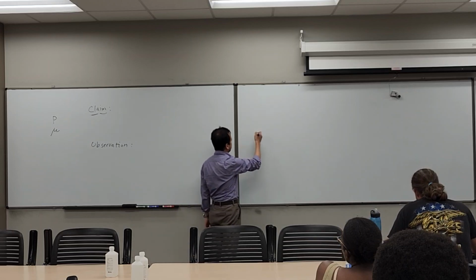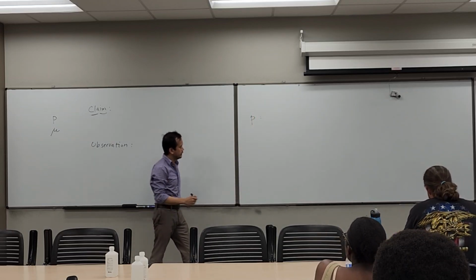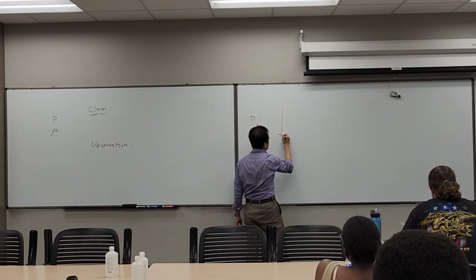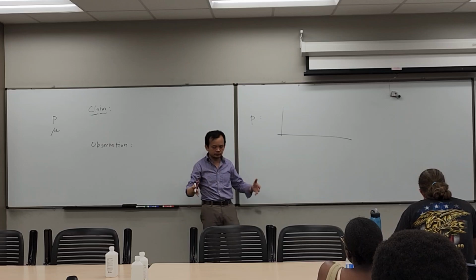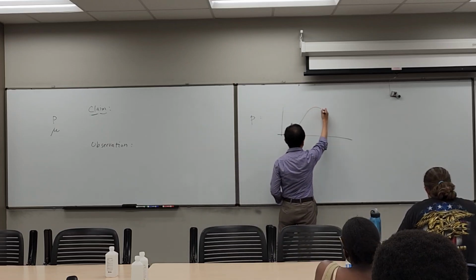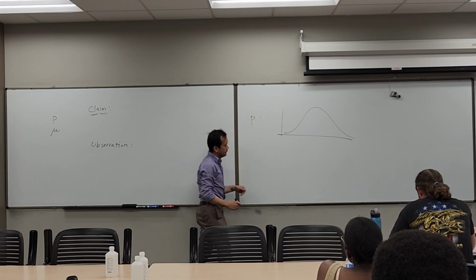For example, with the case of p, population proportion of success, we're dealing with an underlying distribution that is a binomial distribution that you can fit with a bell curve. And that's why we've been seeing a bell curve when the measurement has been p.